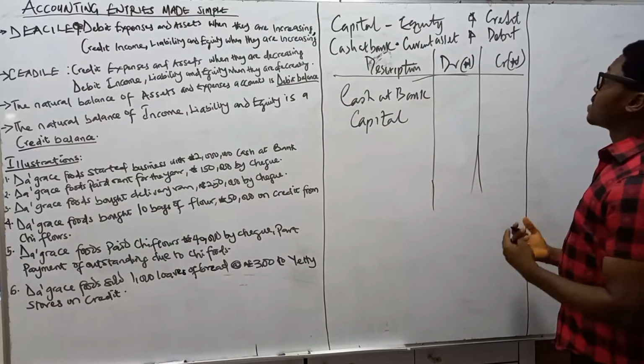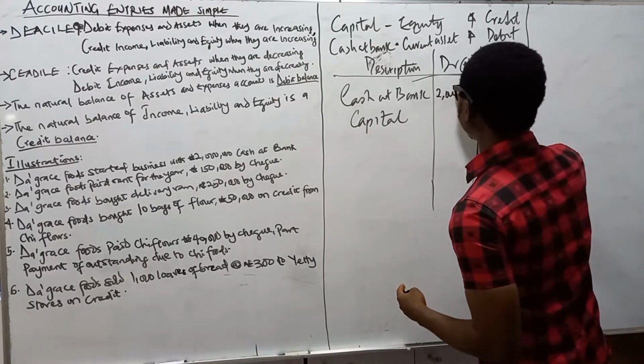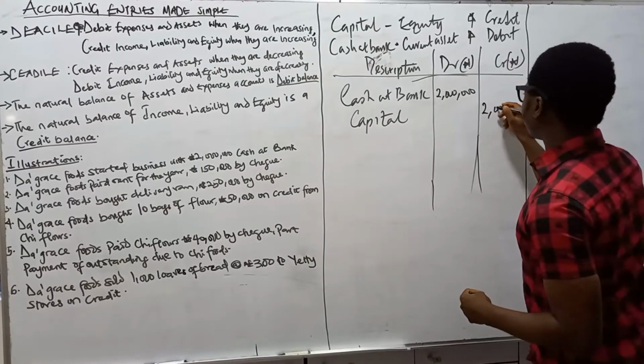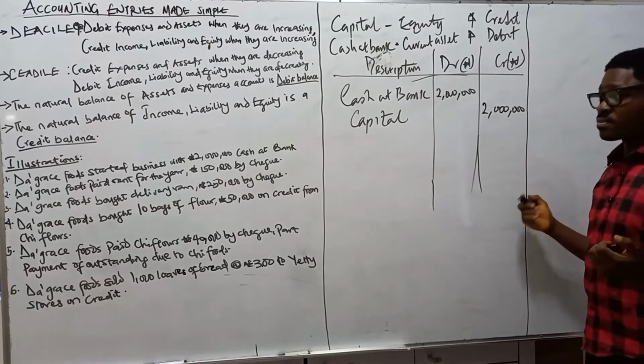We said cash will be debited. That means that this cash account will be debited with 2 million, and capital will be credited. That means we credit capital with 2 million. That's that.